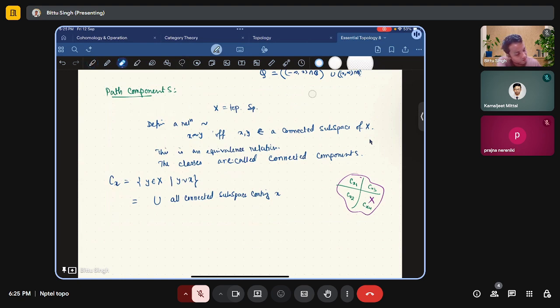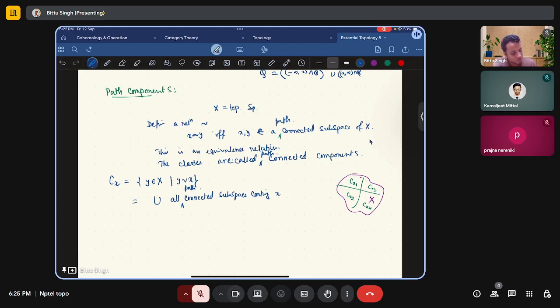We define the relation by this: x and y are related if and only if x and y belong to a connected subspace of X. Instead of connected, we will write path connected subspace. Then again that will give an equivalence relation, and the corresponding classes will be called path connected components. Just include that extra word, path connected.